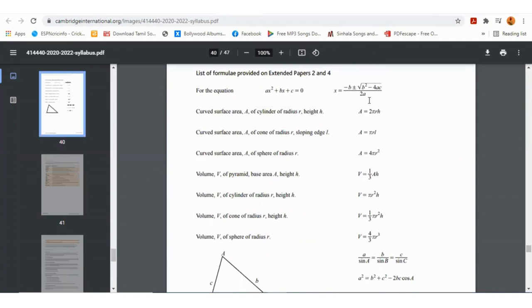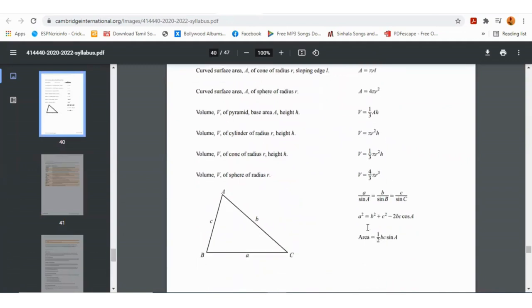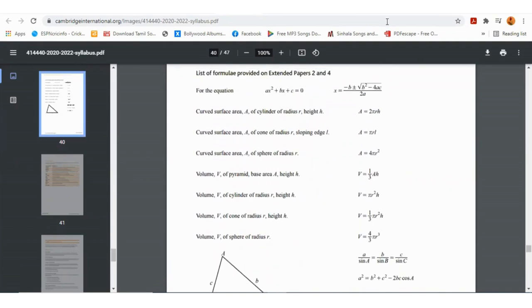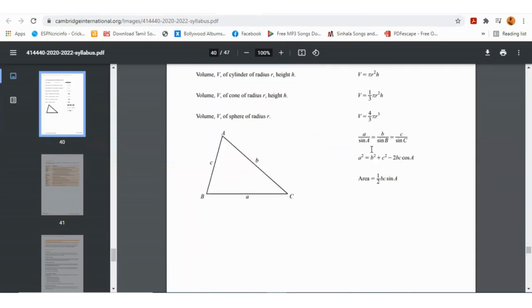But what is my advice? As much as possible, try and get them to memorize, especially the important ones, like the quadratic formula. Okay, the surface area and volume ones are tricky, fine, don't focus too much. But the trigonometry ones like sine A over a equals sine B over b, even the rearranged version.